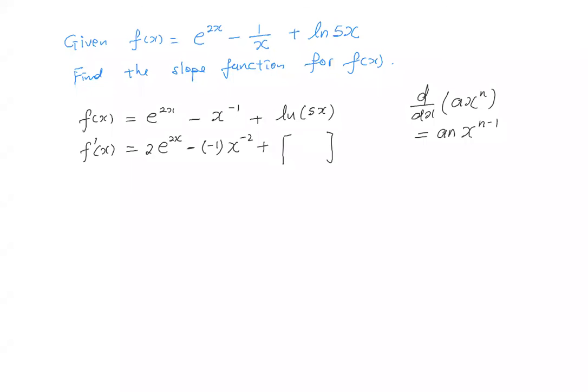Yeah, so can I simplify? I can simplify, correct? So the final answer: 2e to the power of 2x plus 1 over x squared plus 1 over x. Clear? Plus?